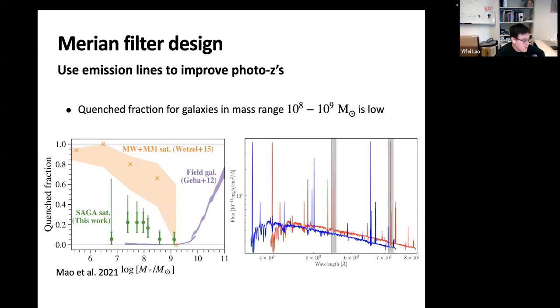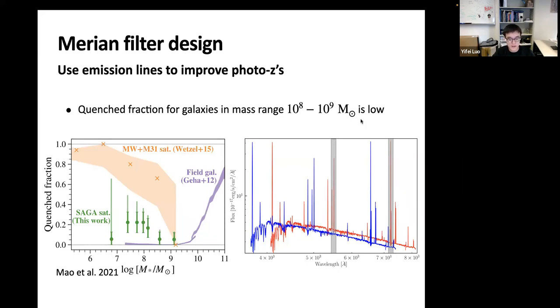And since we're really interested in those dwarfs, we decided to use those deep and wide existing surveys, such as HSC, which already have the broadband photometry for us.